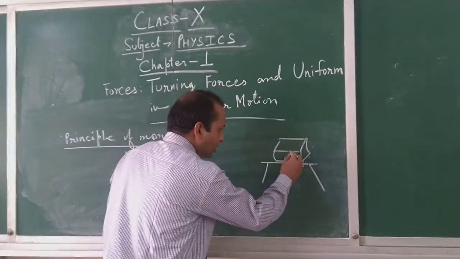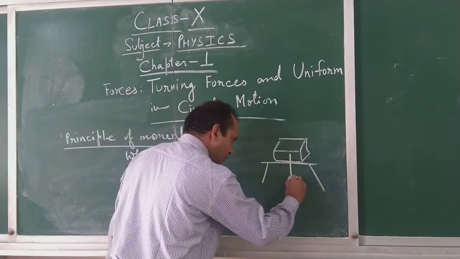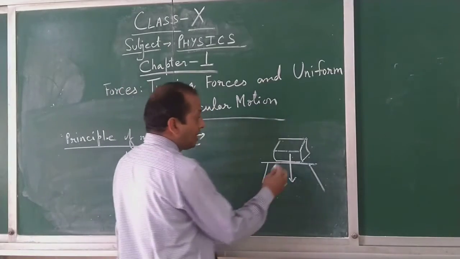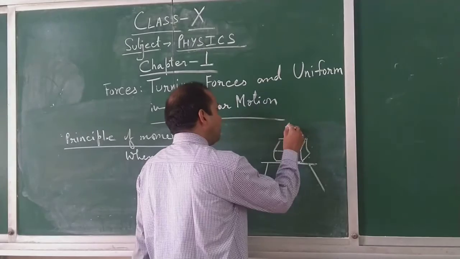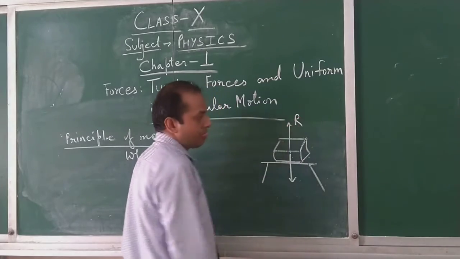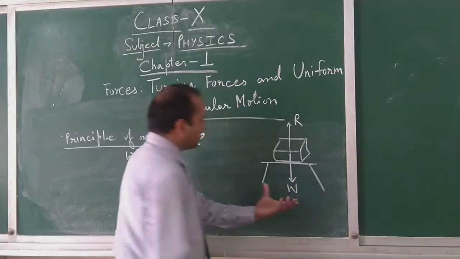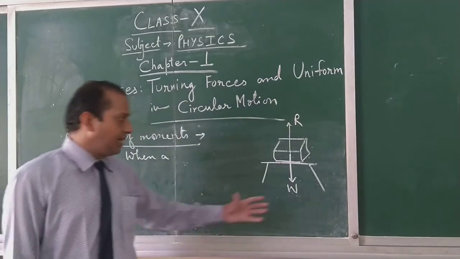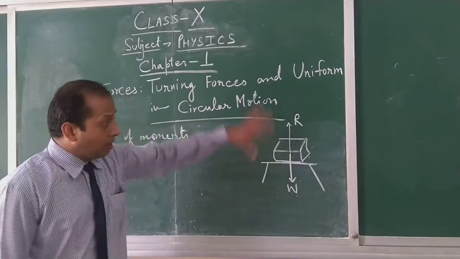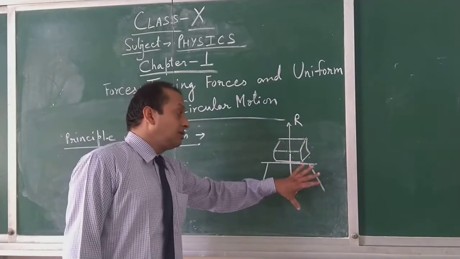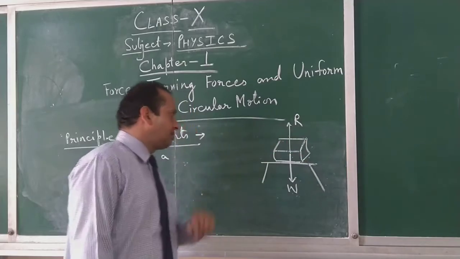Why? Because the gravitational force, its weight, will act vertically downwards, and a normal reaction force acts upward. So here two or more forces are acting, but the body remains in the state of rest.